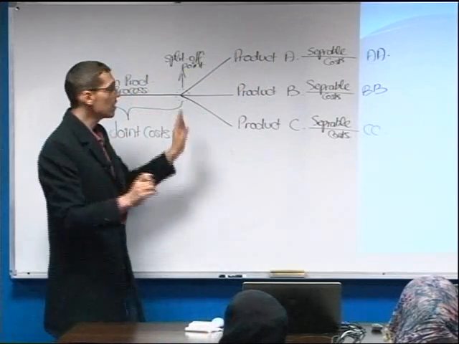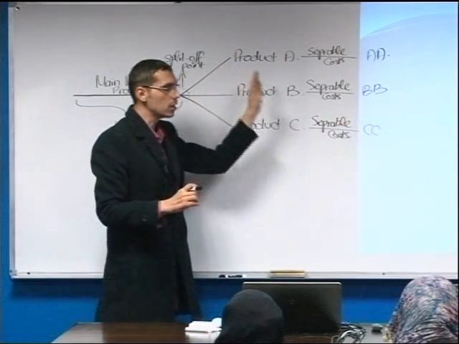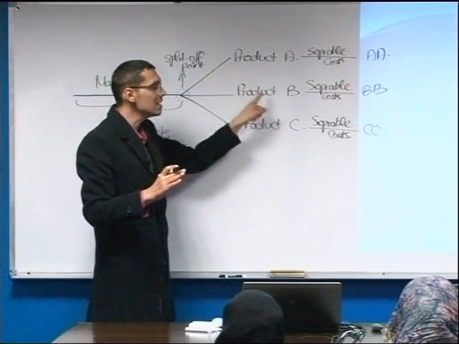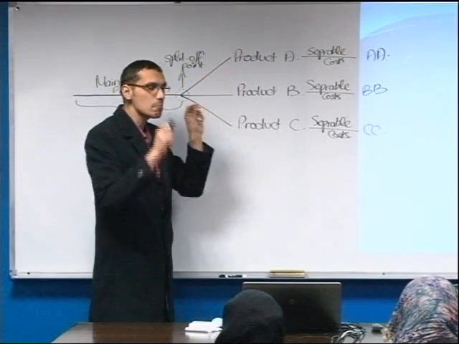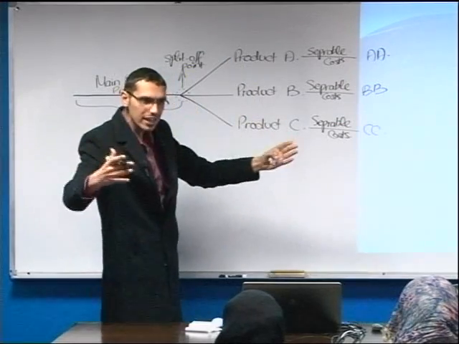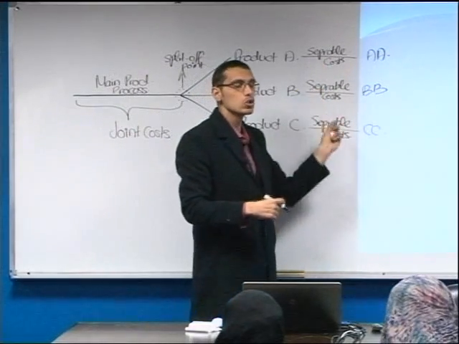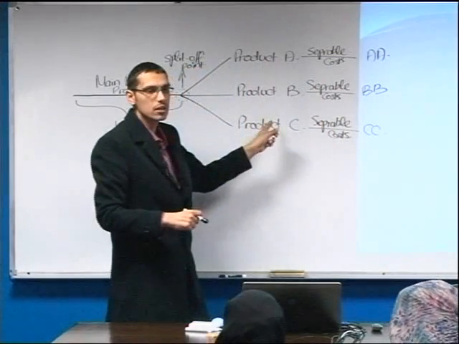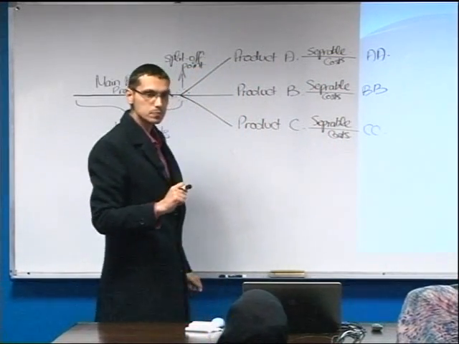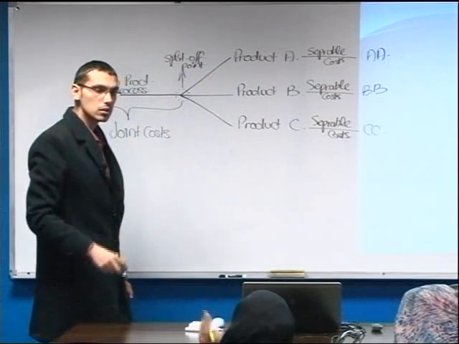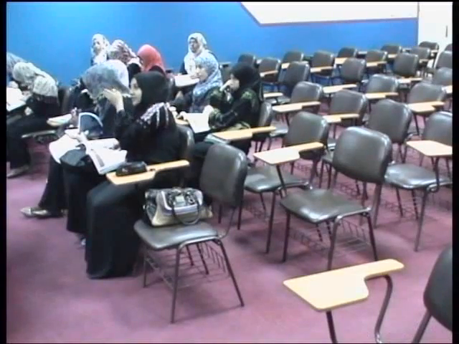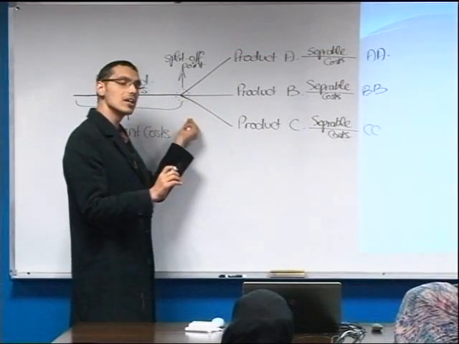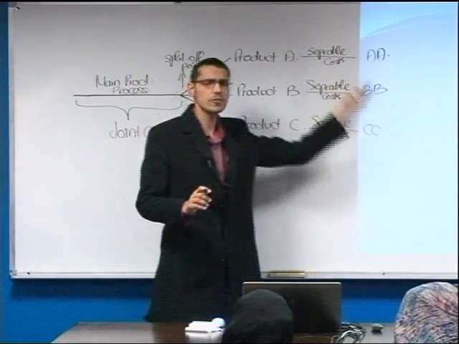Any costs that are incurred after the split-off point, after each of these different products can be identified separately, are called separable costs, because these costs can be traced directly to these specific products. Yes? But this product can be sold entire or... Oh, of course. These products could be sold at the split-off point and could be sold after further processing.